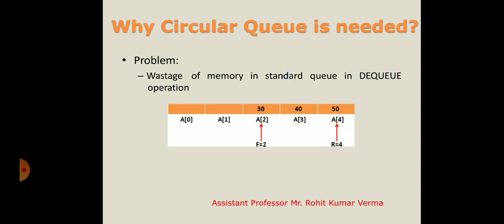So dear students, there may be a question in your mind: sir, why are we using a circular queue? In case of a linear queue, there is wastage of memory. Why is there wastage of memory? We have a total queue size of 5. Suppose I delete an element from the second location, 30 is deleted, and the front pointer moves to the third location.